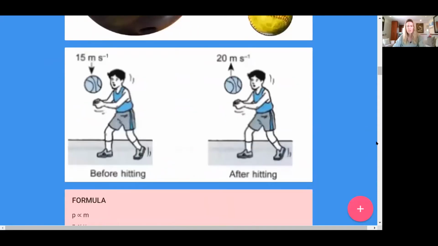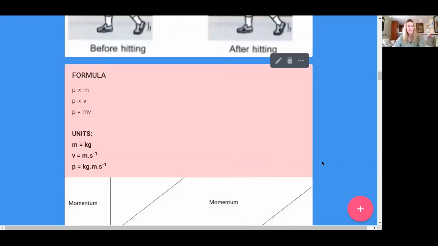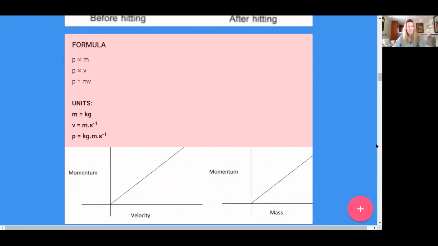If we look at two objects with the same mass, but moving at different velocities, the object moving at a smaller velocity will have a smaller momentum than the object moving faster, which will have a higher momentum. We can therefore now say that momentum is affected by two factors.